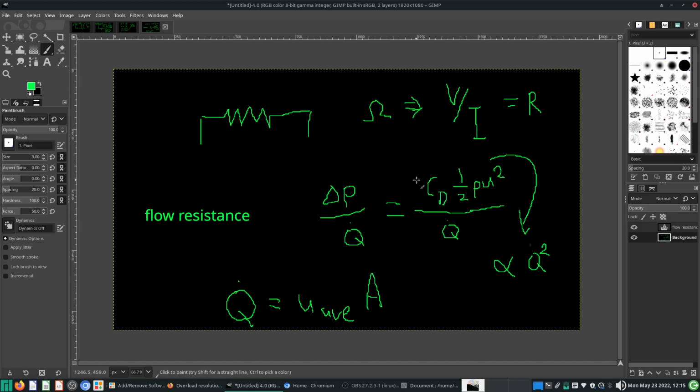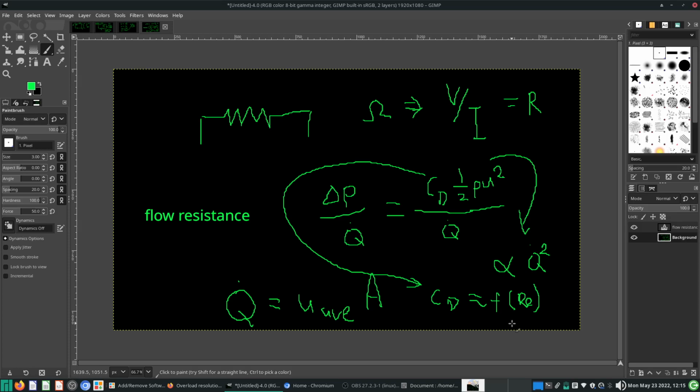Of course, the other thing you have to pay attention to is CD, some coefficient of drag or some friction factor. I think coefficient of drag isn't quite the right term here, but this thing is some non-linear function of a Reynolds number.